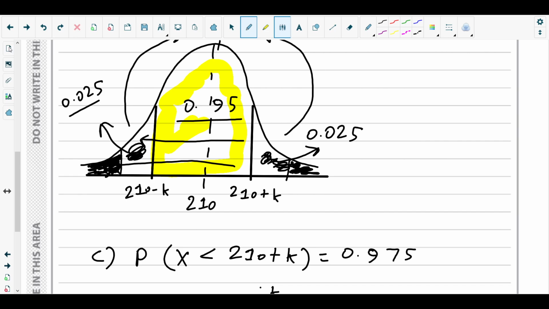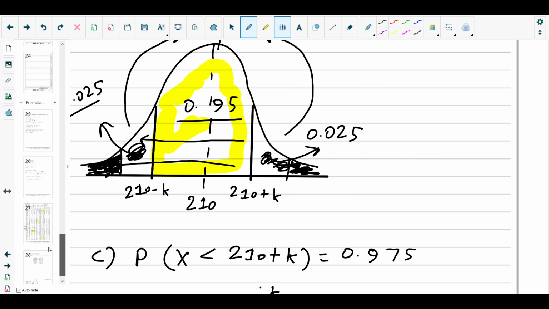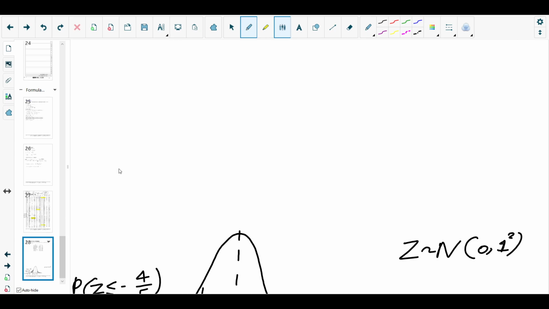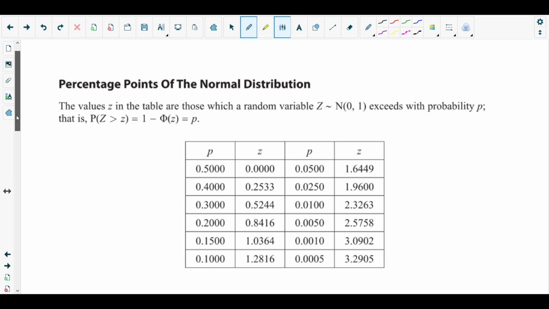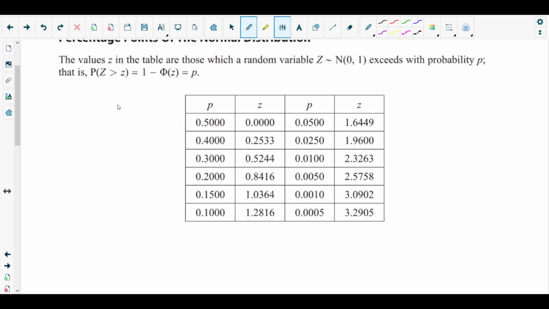So go to the greater than table, which shows the probability of z greater than or equal to the value. We need the top 15%. So top 15% is 0.15, right, which is here. Corresponding to that, the standard value is 1.0364.